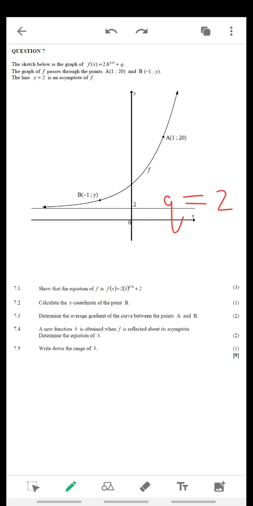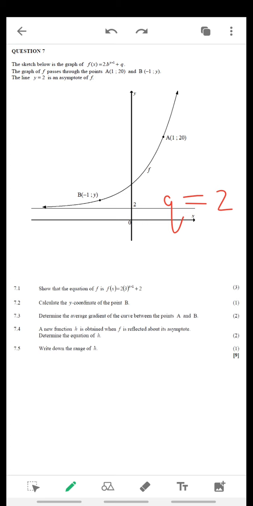Okay, so how many units will that be? That will be 4 units upwards, meaning we will first reflect the function f about the x-axis, then say plus 4, so that we still have the same horizontal asymptote. Okay, that's very, very important. We are working with the horizontal asymptote, which is y equals 2.